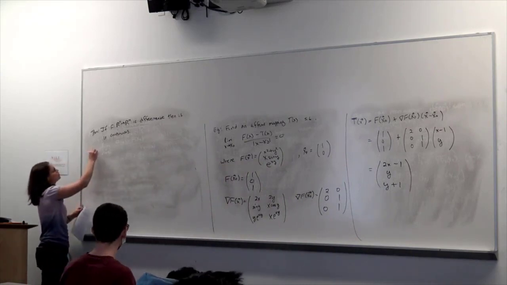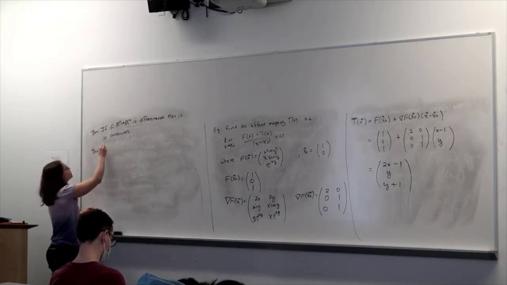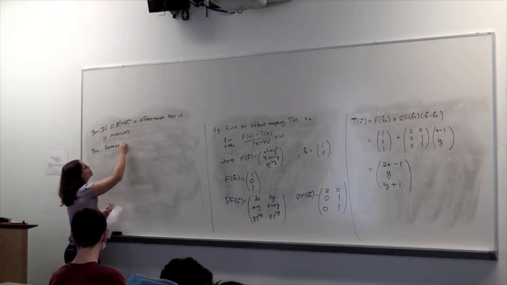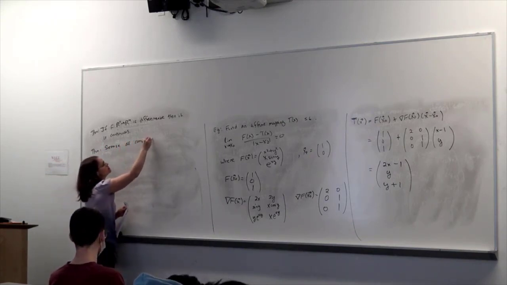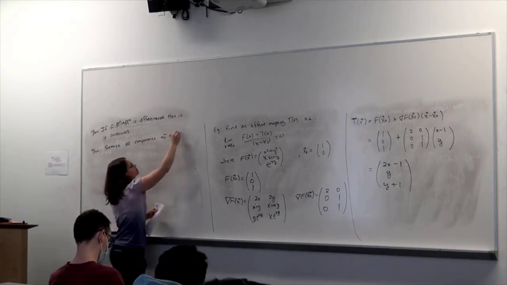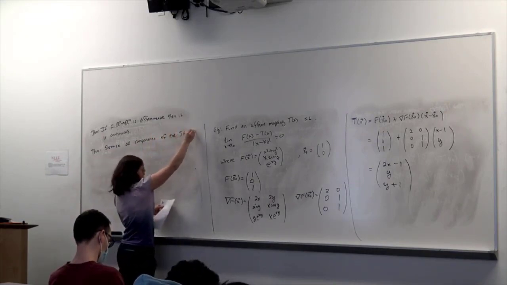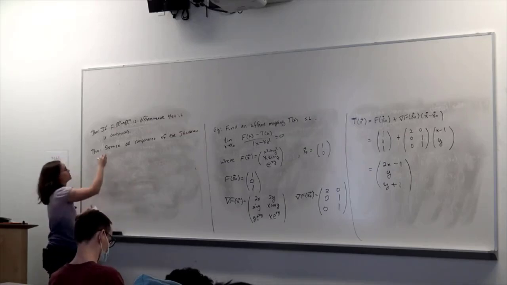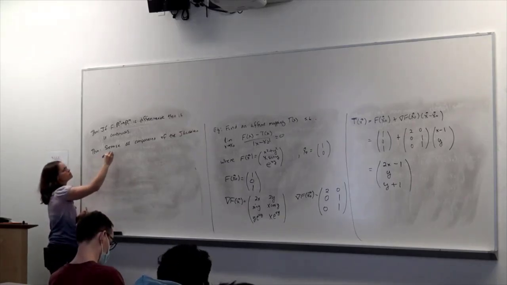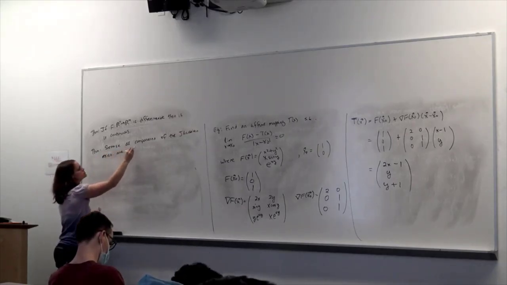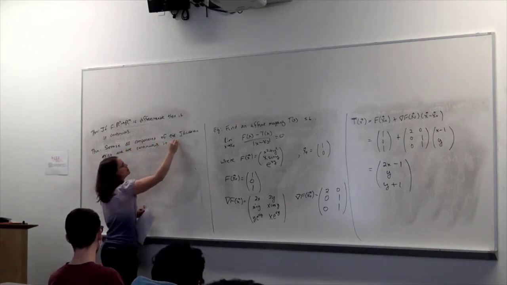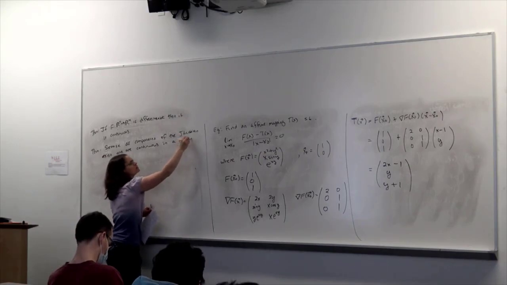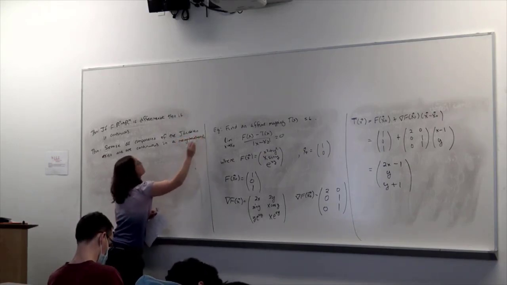The other one that holds just trivially, suppose that all components of the Jacobian exist and are continuous, okay, in some neighborhood of x naught.